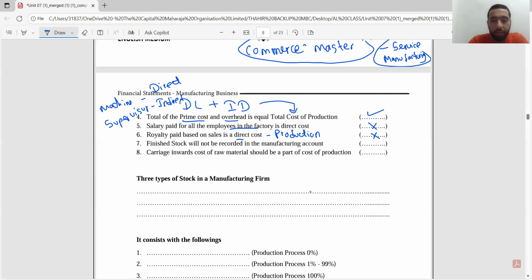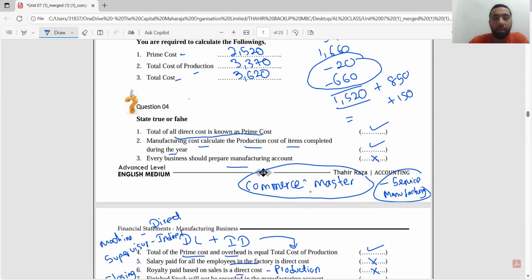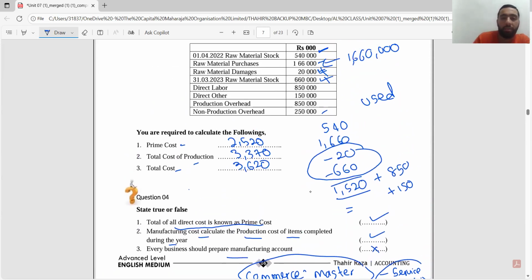Finished stock will not be recorded in the manufacturing account. හරිද වැරදිද? Finished stock means closing stock. Closing stock. මේක manufacturing account එකේ දානවද නැද්ද? දාන්නේ නැහැ. Why? මෙන්න මේ මතකද මේක ගත්තේ නැහැ අපි.